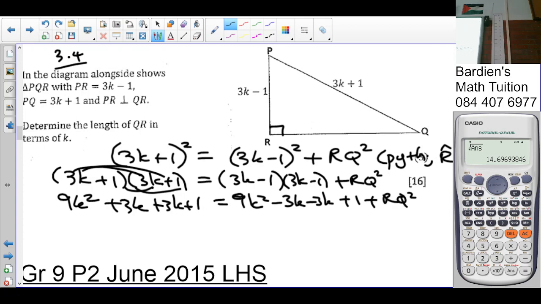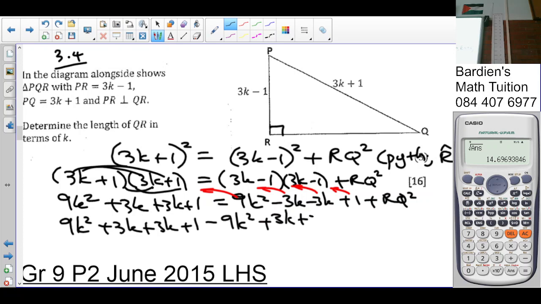So what I'm going to do is get RQ squared on its own first. So I'm going to take everything over the equal sign. So that means 9K squared plus 3K plus 3K plus 1 minus 9K squared plus 3K plus 3K minus 1 is equal to RQ squared.